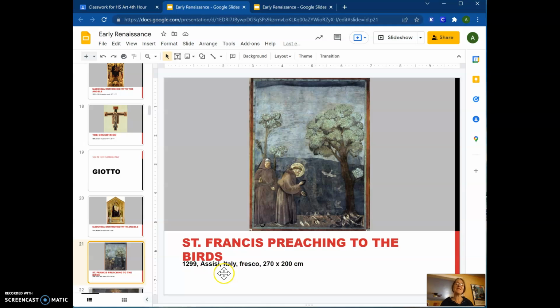He renamed his son Francesco, which is the equivalent of calling him a Frenchman. Since his dad was wealthy, he grew up with a very rich, easy life, okay? You ever hear of the rich kid? Yeah, he was the rich kid, okay?